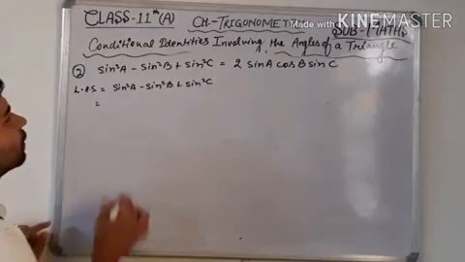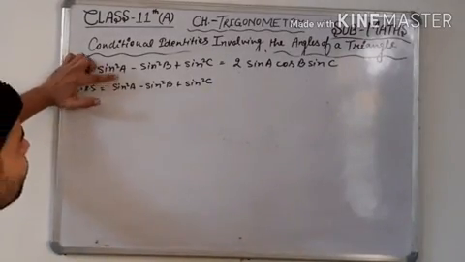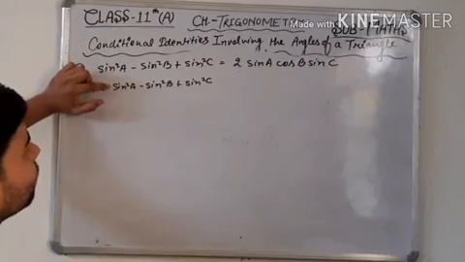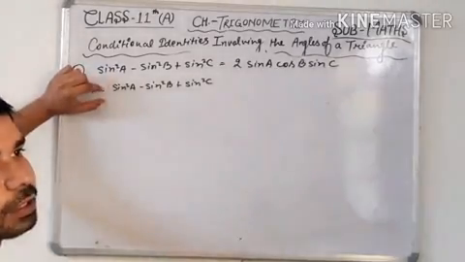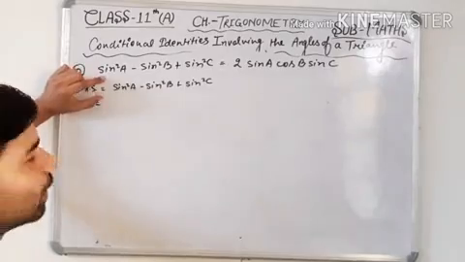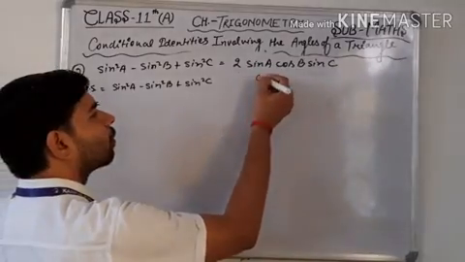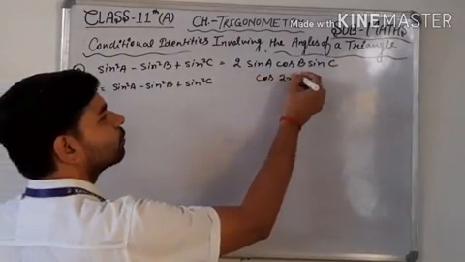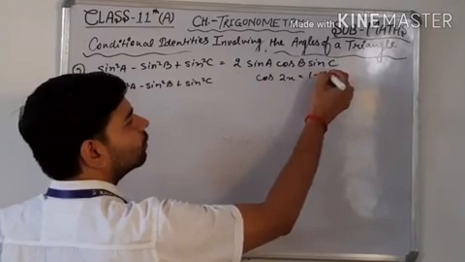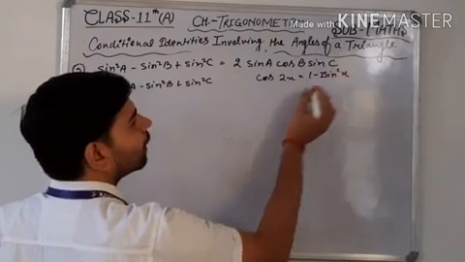Now first, we have to convert it from square into double angle. We have a formula, cos 2x is equal to 1 minus 2 sin square x.